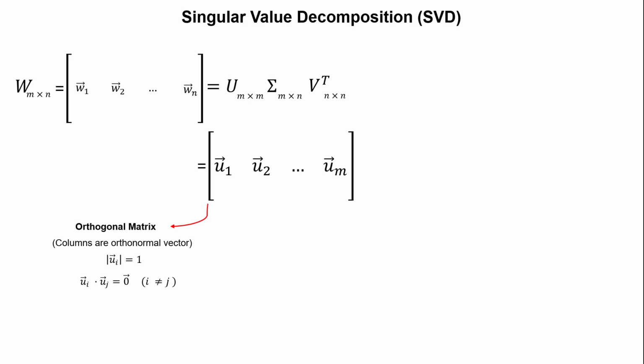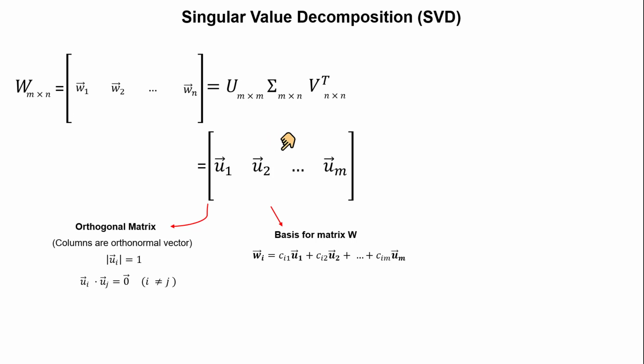Another feature of this matrix is that its columns can be used as a basis for matrix W. And what does that mean? It means every column Wi of our matrix W can be represented as a linear combination of columns of matrix U. One thing to also note here is that these columns are hierarchically ordered, meaning that U1 is more important than U2 in terms of describing columns of our weight matrix.